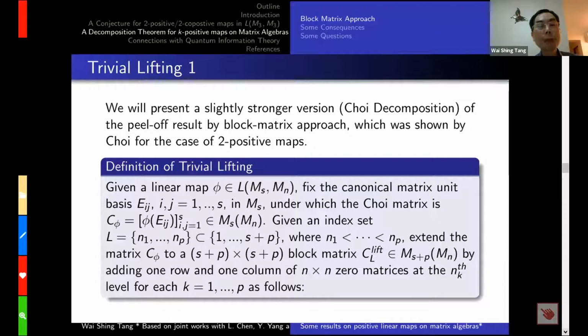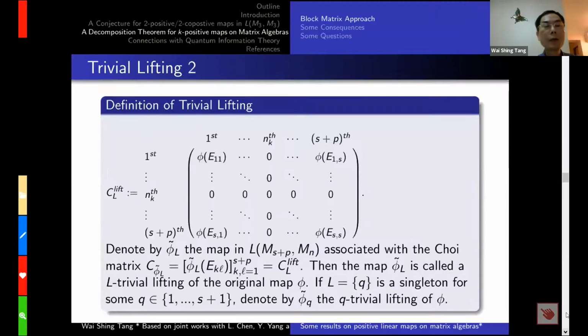the block matrix approach. Basically, we have this notion of so-called lifting. I think it is a bit complicated in the explicit formulation, so let me just go to the next page. Basically, say we originally have a map from Mn into Mn. Then we want to blow it up.